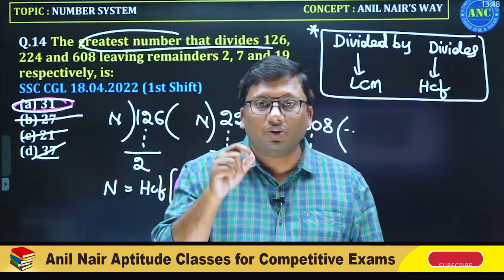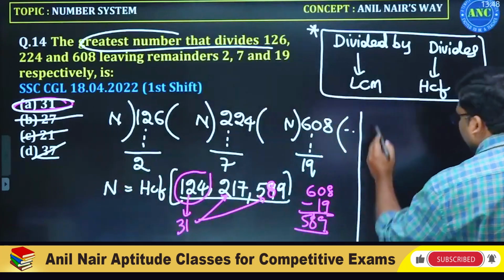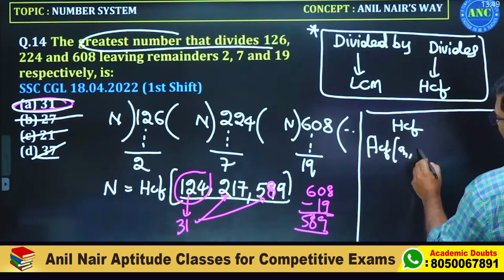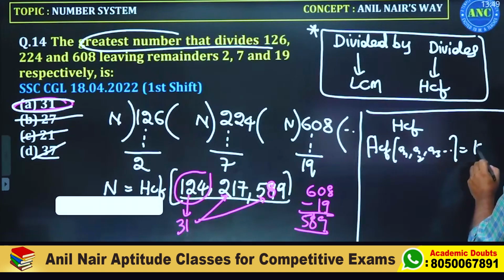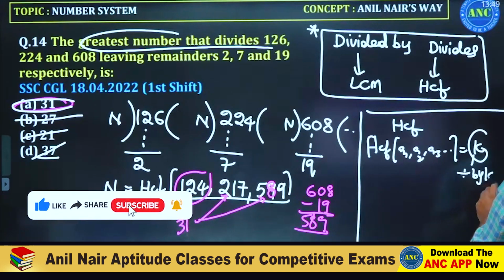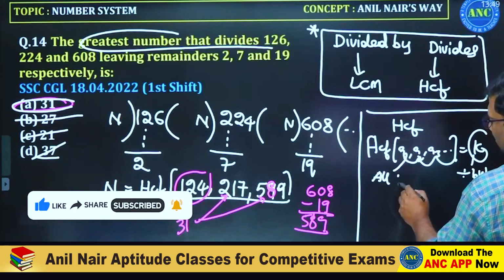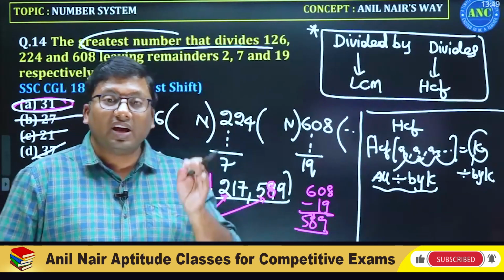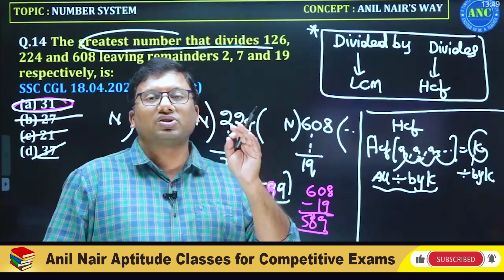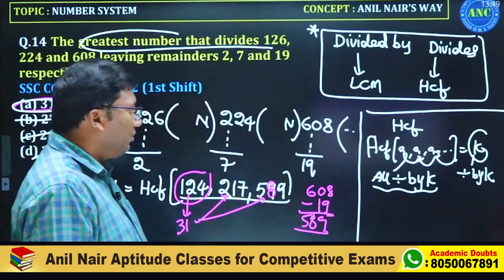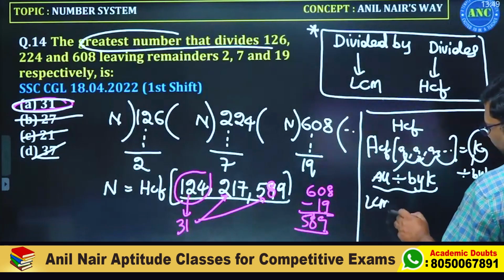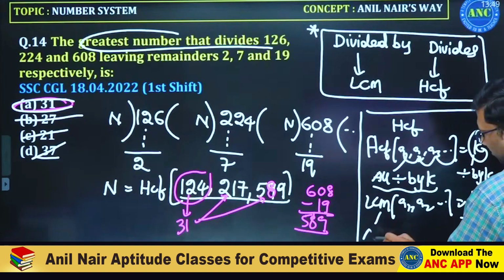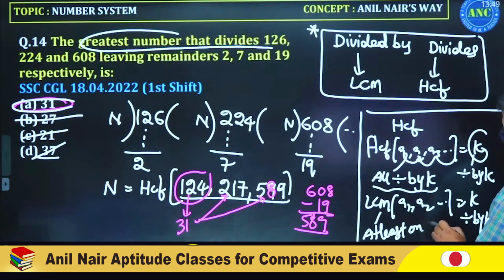Please remember, whenever you are finding the HCF of A1, A2, A3, if the answer is divisible by K, all the input numbers should be divisible by K. Whenever you are finding LCM, if the answer is divisible by K, at least one element should be divisible by K. Minimum one element is okay.